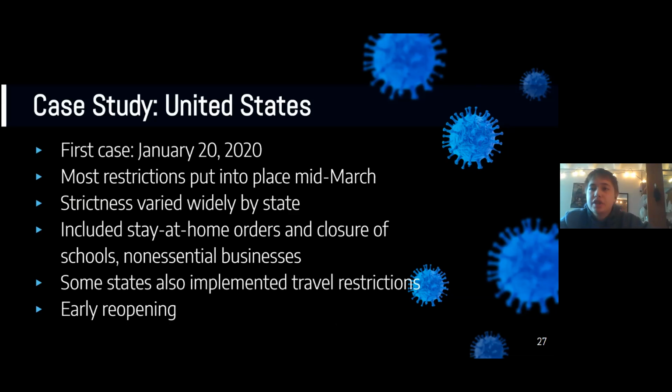However, these restrictions were often not enforced, and that is a common theme of the United States lockdown policies, where there wasn't as much enforcement as in Italy or in China especially. And many states reopened very soon after they implemented a lockdown, which led to spikes later in the summer.